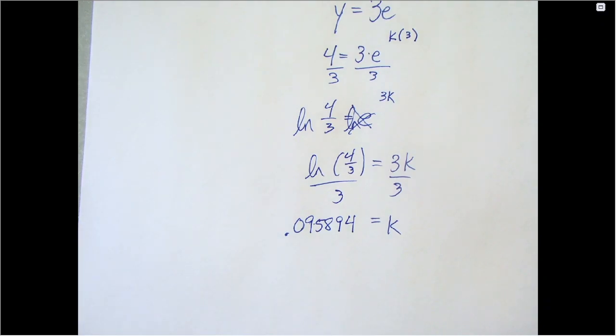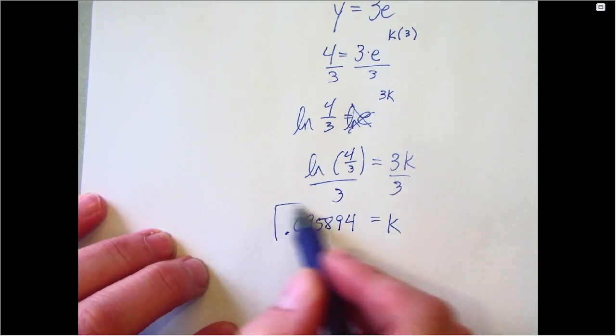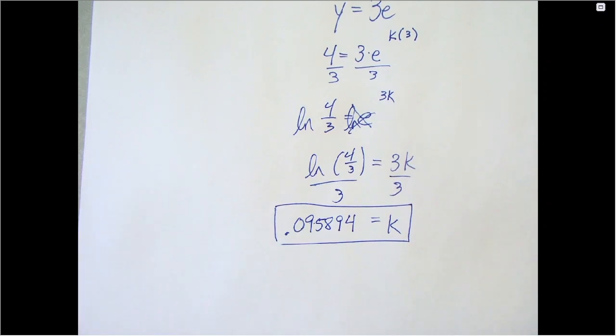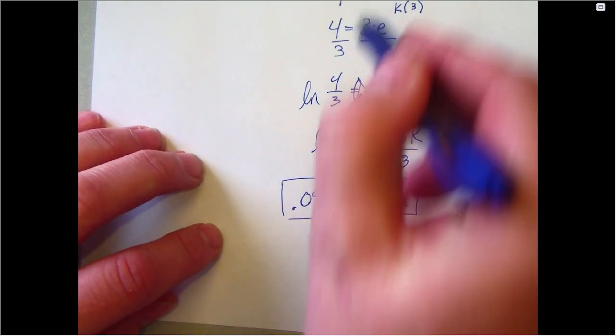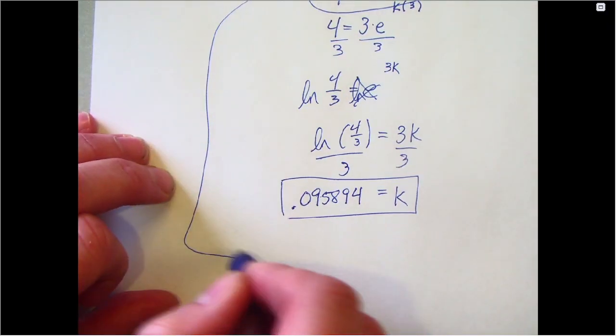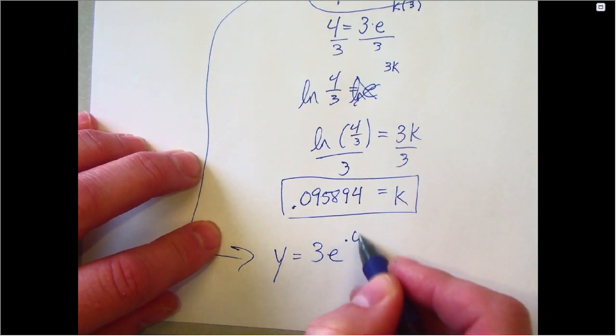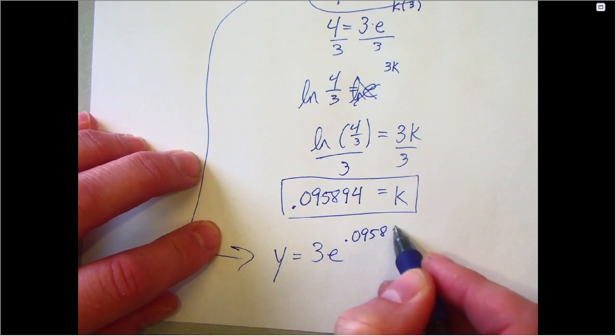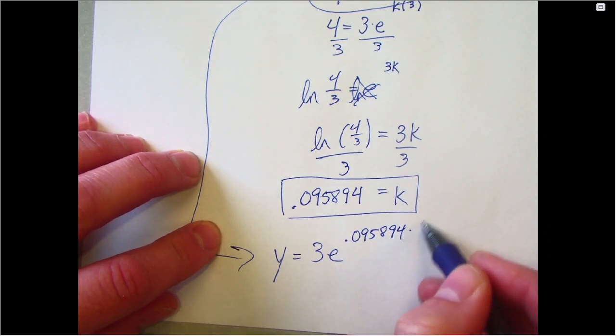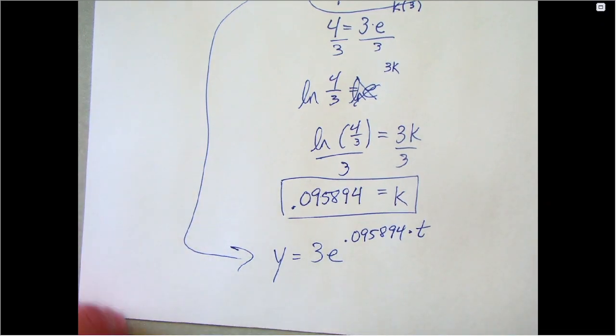When you're working your way to it, you try not to round. We agree on k? Good. Okay. So then I can go back to this guy and rewrite it. I'm smarter now. y equals 3e to the 0.09589 times t.